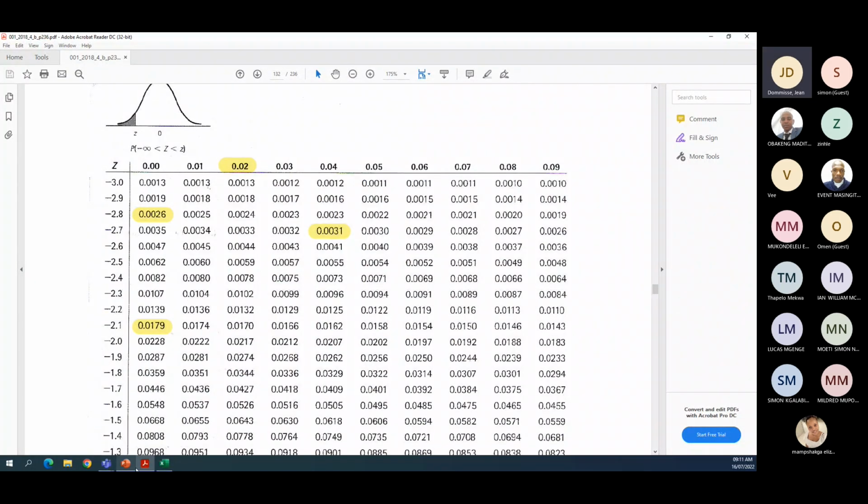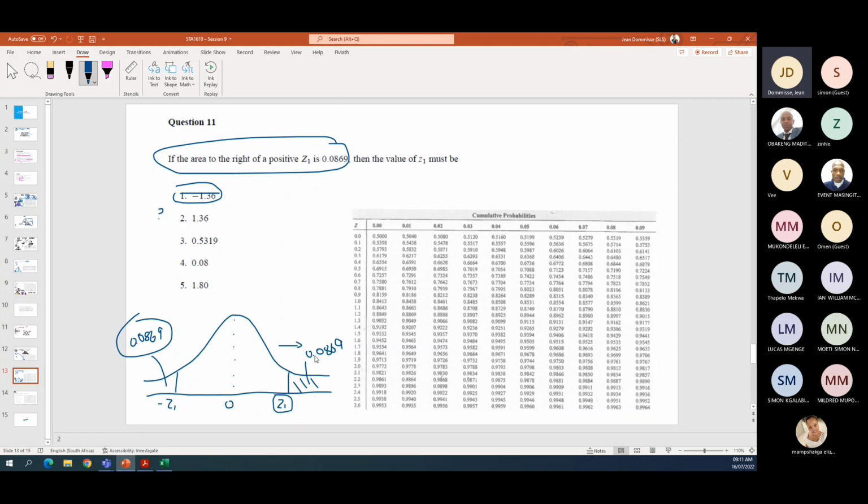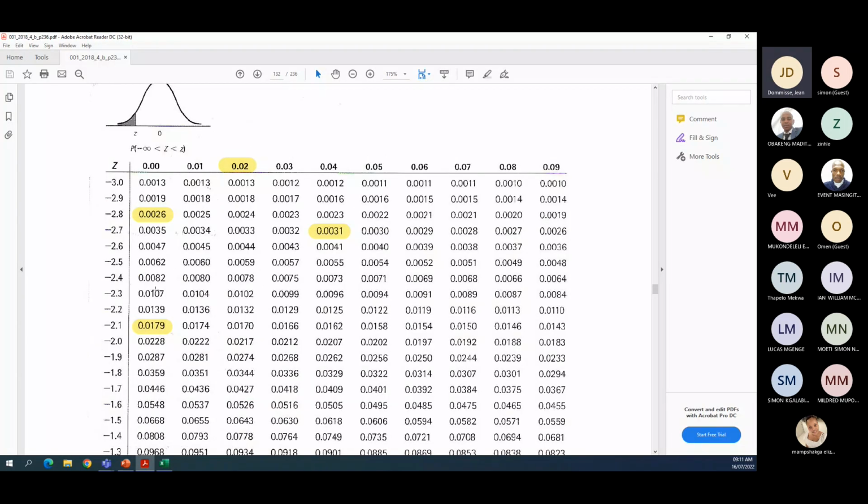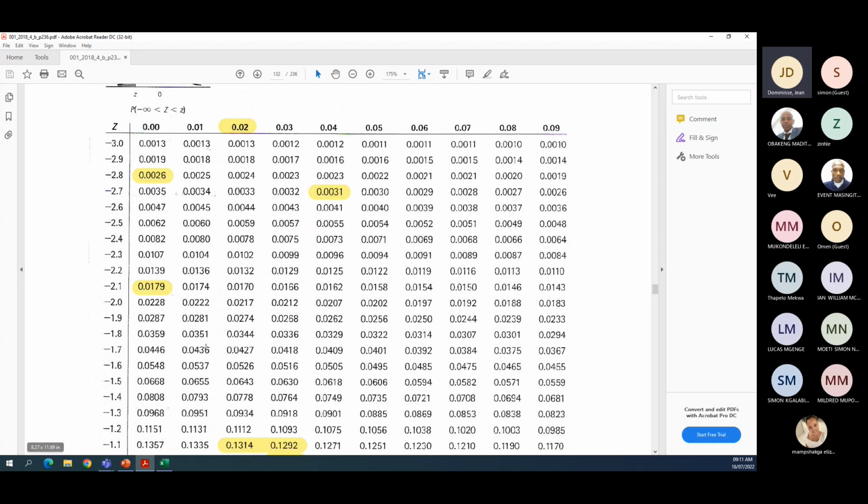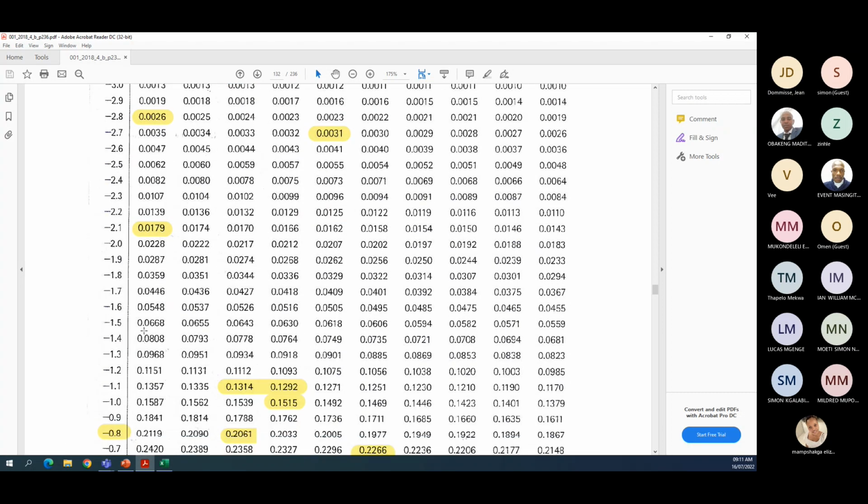I need to find the probability of 0.0869.